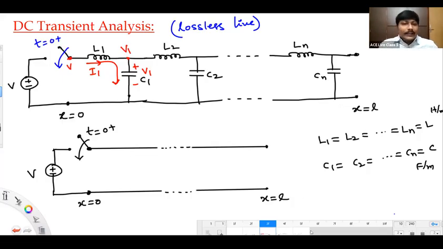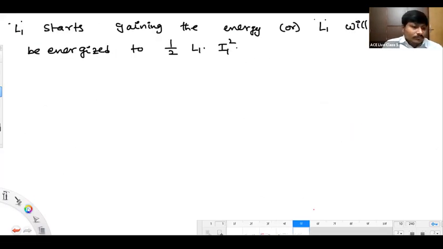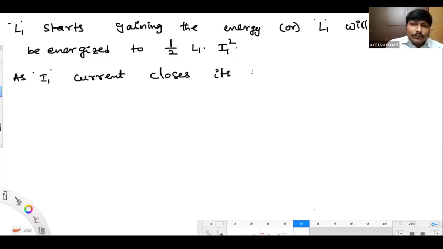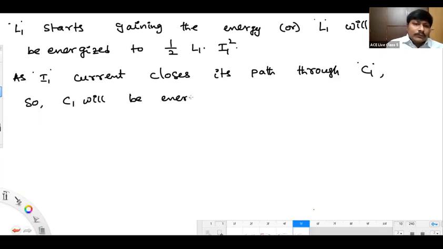Okay, so I can write here: as the I1 current closes its path through C1, C1 will be energized to half C1 V1 square.